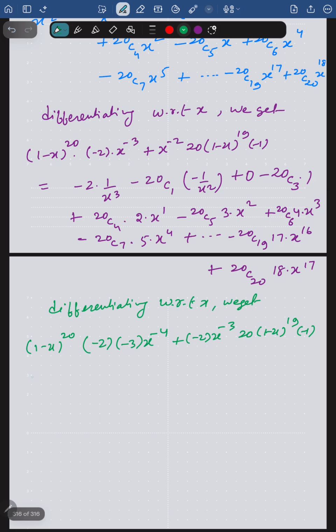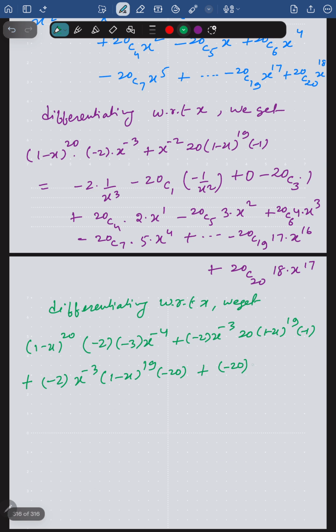Now the second term. So this will give you plus. Now we will differentiate x power minus 2. This will give you minus 2 x power minus 3, and remaining we will just copy. So 1 minus x power 19 and 20 into minus 1 is minus 20 plus again 20 into minus 1 is we will write minus 20.